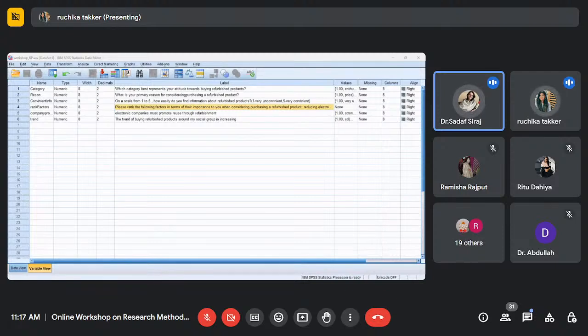So maybe the people belonging to the lower income group go for refurbished products because they are easy on their pockets, right? I can get a very good brand of Samsung or iPhone, and if it is refurbished, I get it at half the price. So it becomes a very cheap proposition for me. So maybe people belonging to middle or lower income groups buy refurbished products because they are cheaper in cost, but people belonging to the affluent class buy them because they feel it is more eco-friendly.